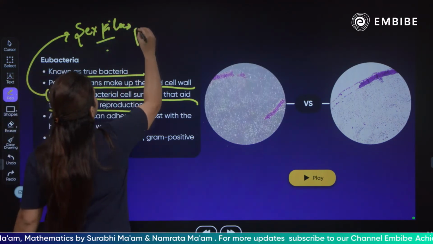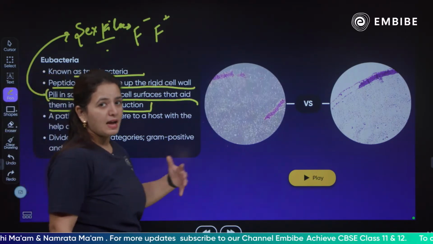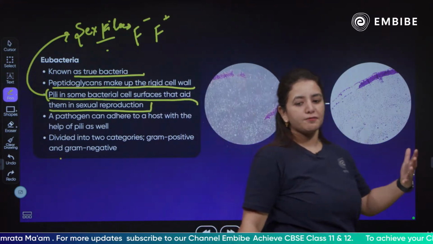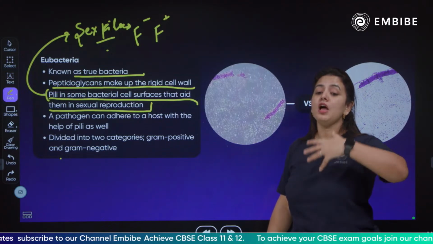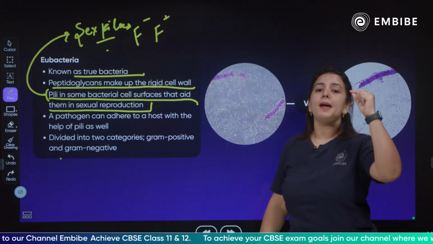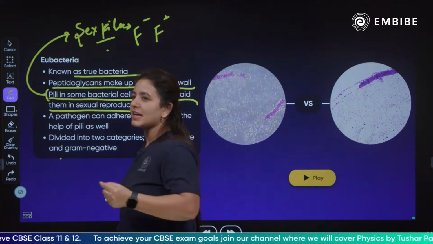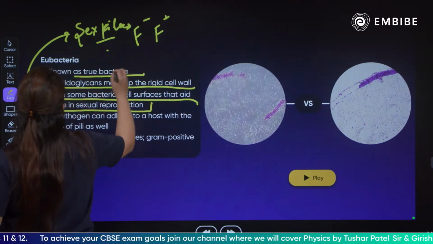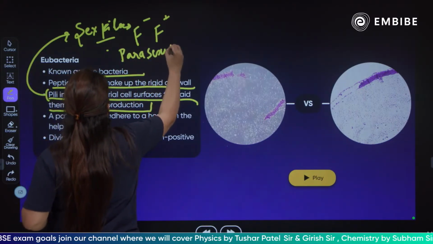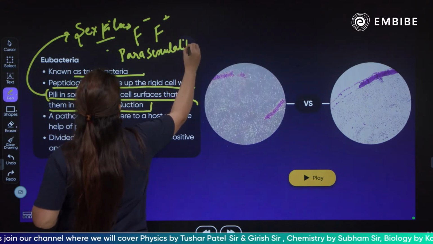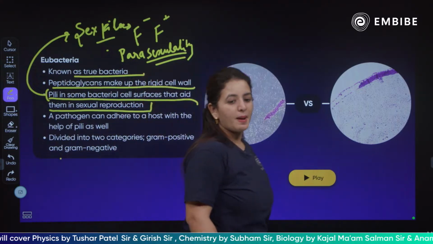F negative, F positive. These sex pili are present on the surface of the bacteria, which help them in the process of conjugation or parasexuality. Yesterday I told you about false sexual reproduction, which is parasexuality, and it happens because of the pili present on the surface of the bacteria.